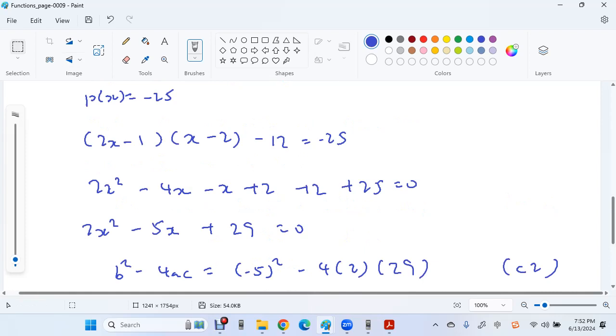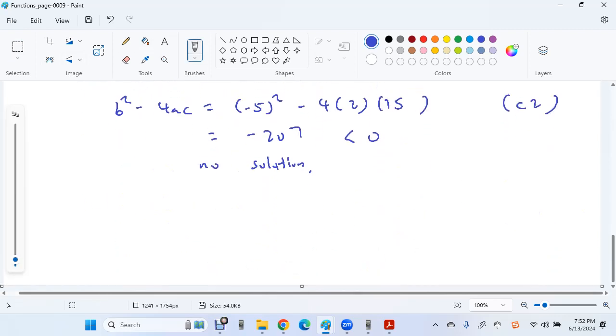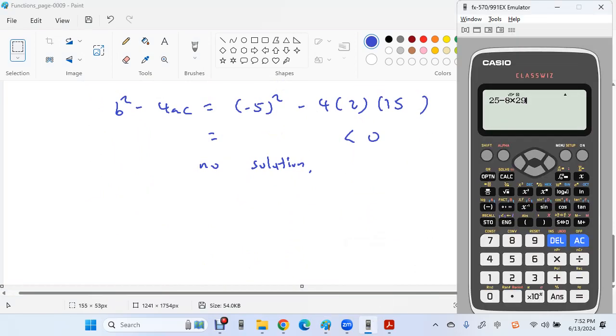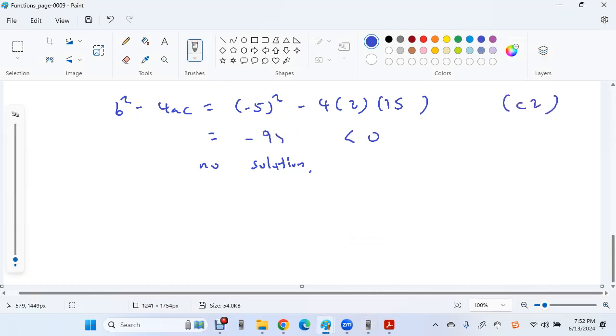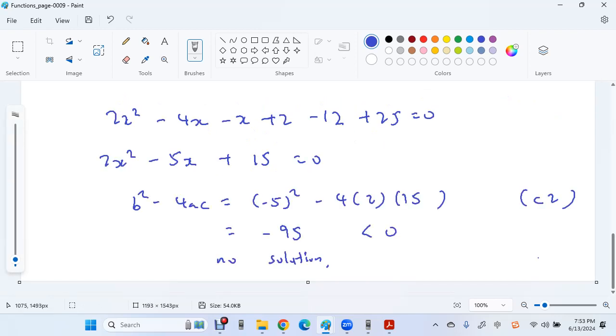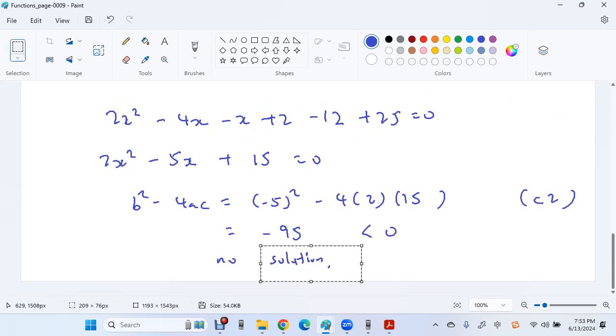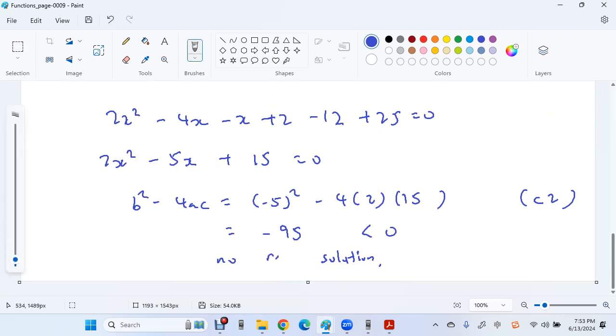This is minus 12 here, so it should be 15. Eight times 15, so negative 95. Instead of no solution, we should say no real solution.